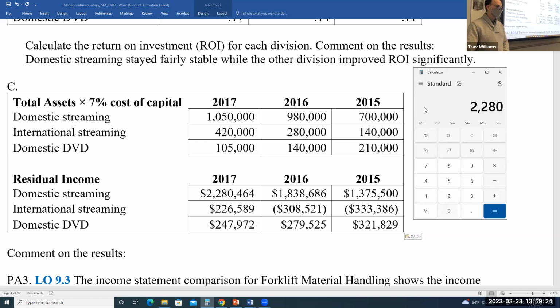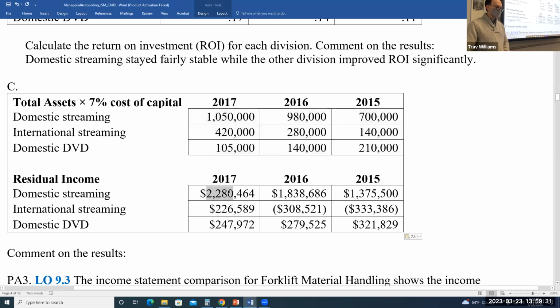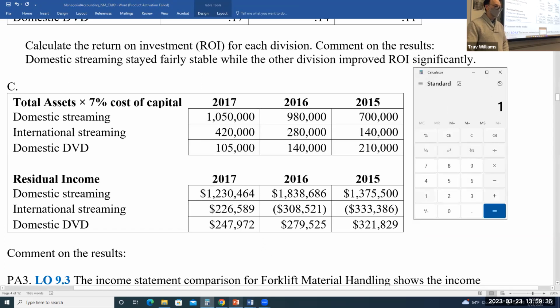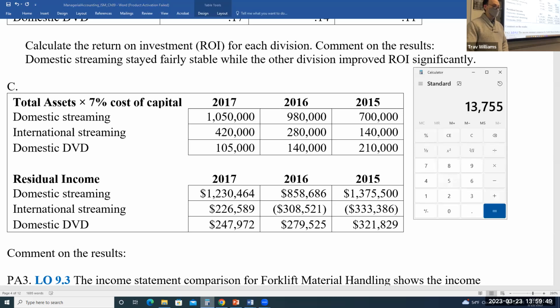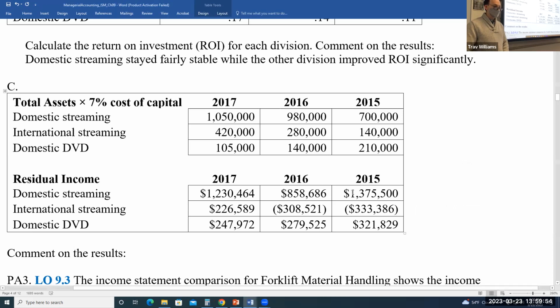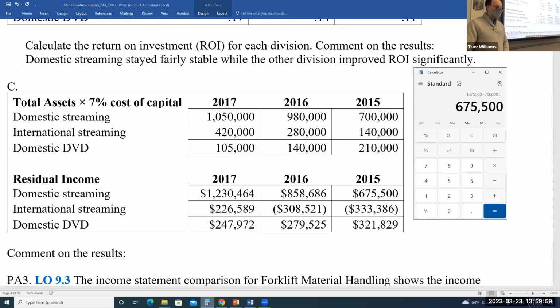I think I hit the wrong button there. Okay, one row down.